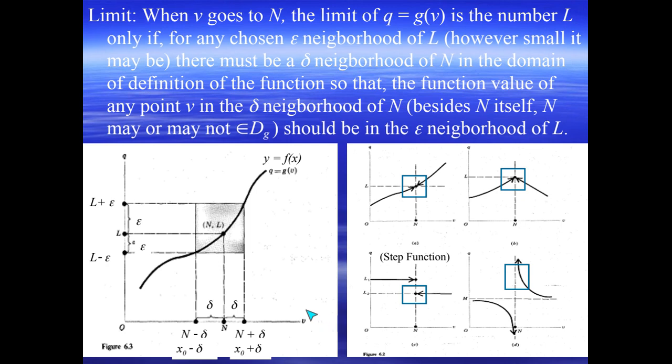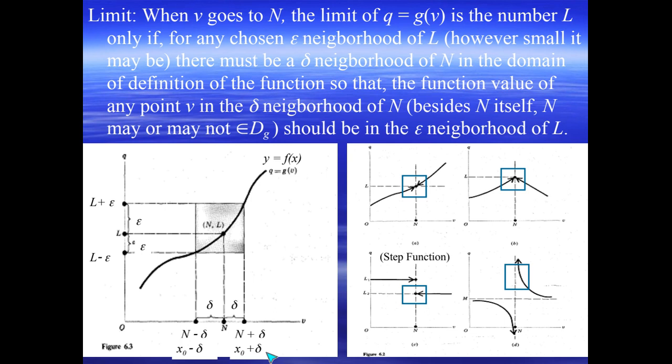In our book, for some reason, the authors take asymmetric intervals. It's not necessary. We can just take the interval L minus epsilon, L plus epsilon, and N minus delta, N plus delta. In mathematics books, it's always symmetric.